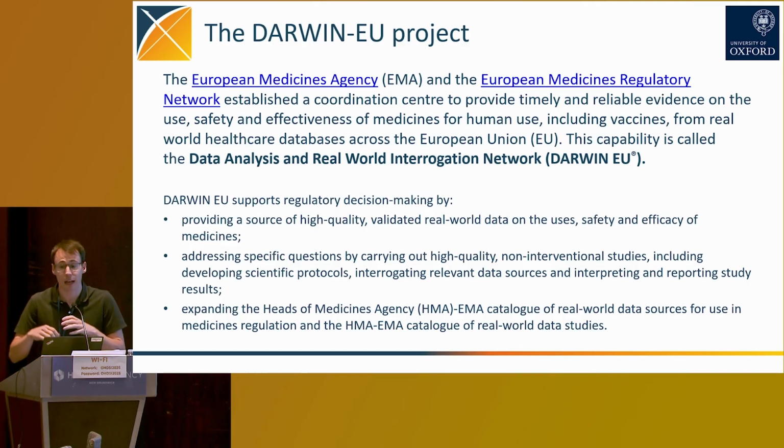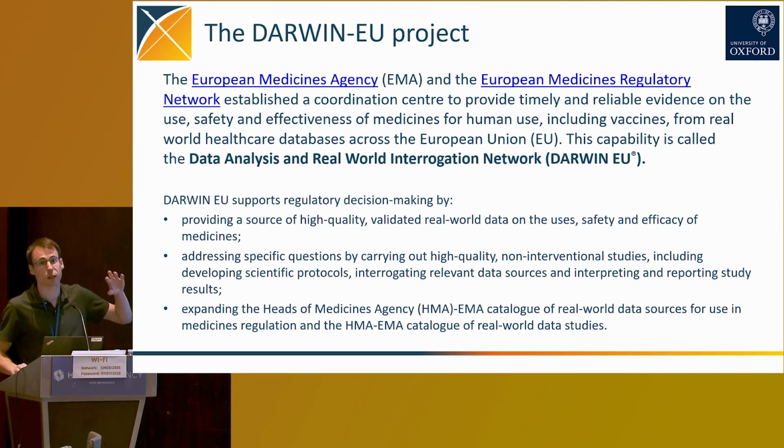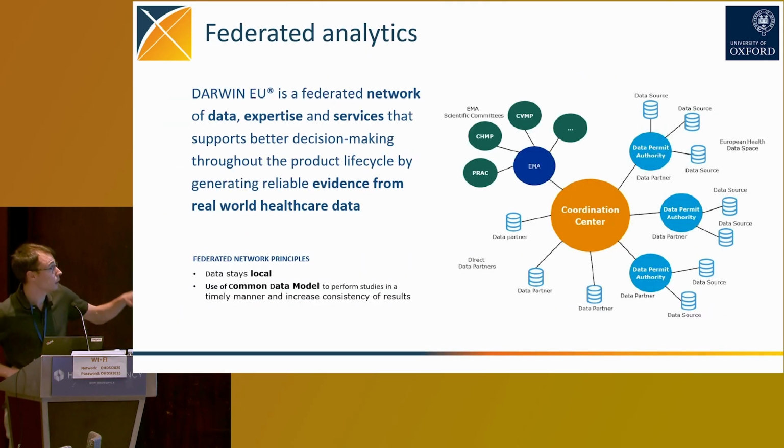Basically, they ask questions, we give answers. That would be the summary of what DARWIN is. And we do this within a big network. Now we have 40 data partners. And if I'm speaking here today, it is because everyone is mapped to the OMOP common data model. So we do it in what we call federated analytics. That basically means EMA has their own structure.